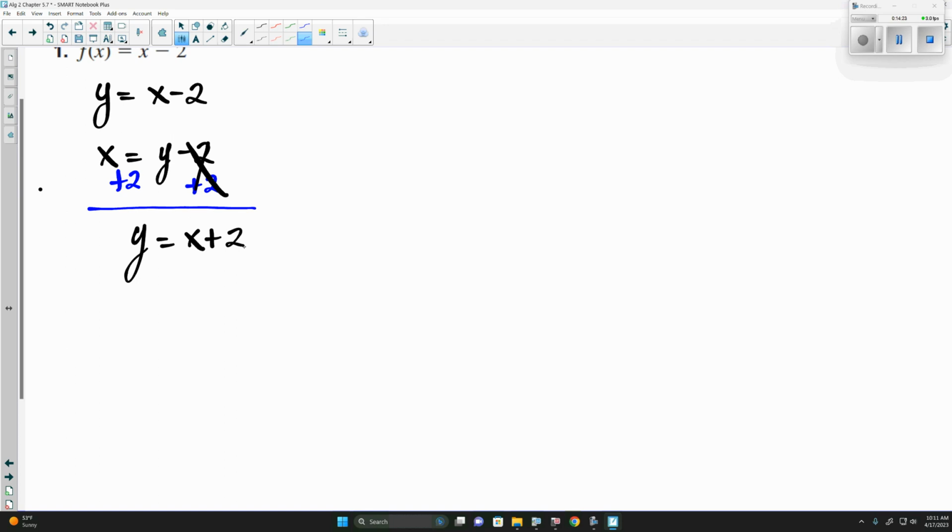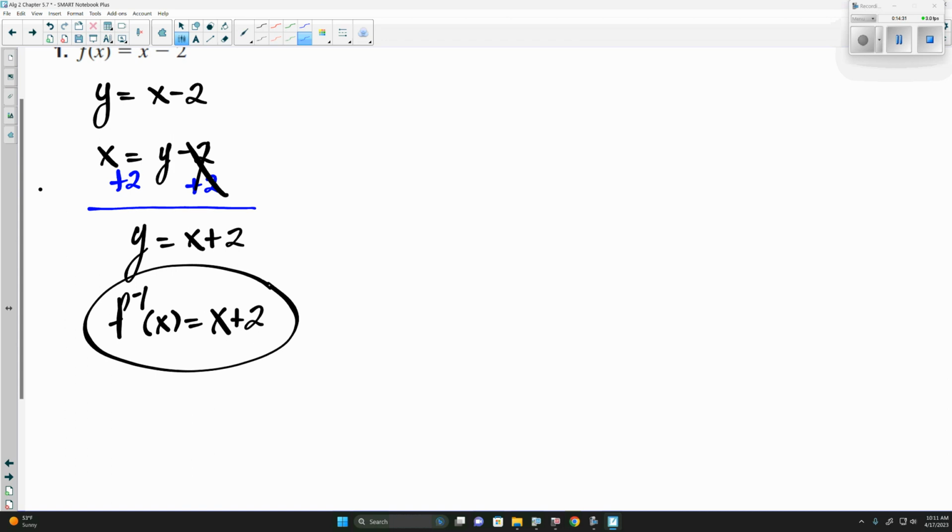So we can replace y with f inverse of x is equal to x plus 2. Now, if the starting function didn't give us f of x, it just started out as y equals x minus 2, we don't have to do the f inverse part because we don't have a function to say it's the inverse of.